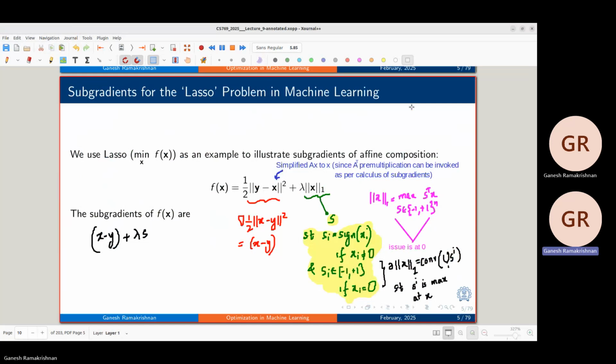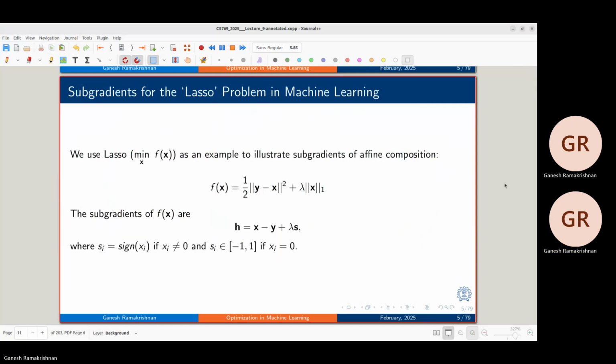Okay. So you can write down the expression x minus y plus a vector of minus 1, plus 1 based on the signs of xi. Instead of doing all that, I just said x minus y plus lambda s, where si has the sign of xi. So exactly what I wrote on the board is written there on the slide.